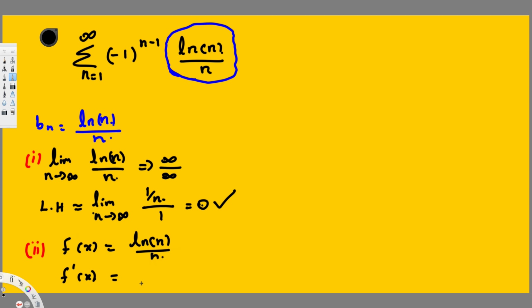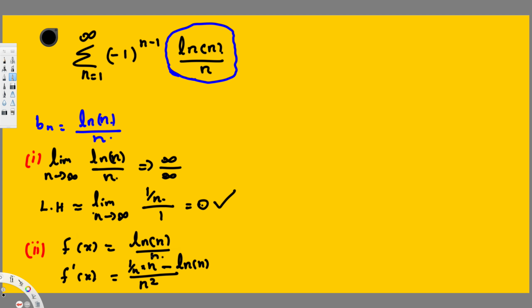So let's do that right here. This is going to be n squared in the denominator, and the derivative of the numerator is 1 over n, times the denominator, that's n, minus the numerator, ln n, times the derivative of the denominator.